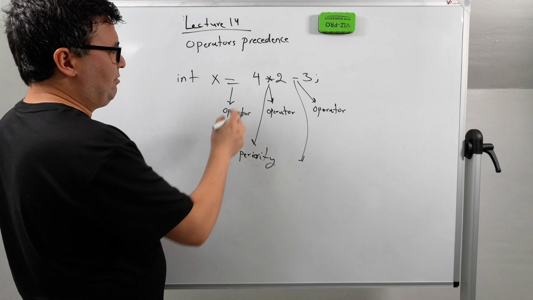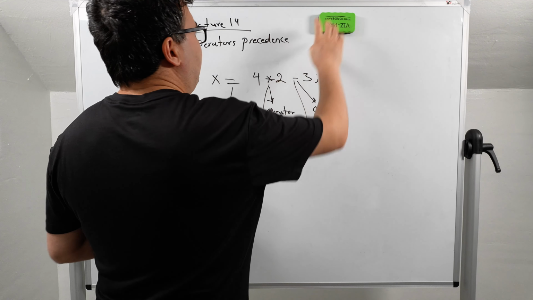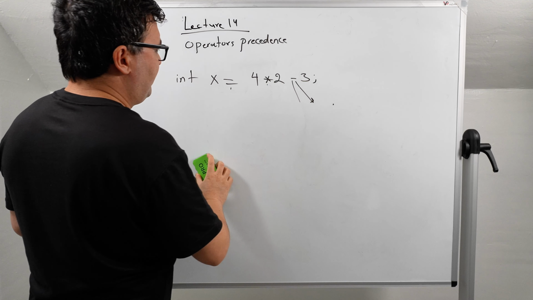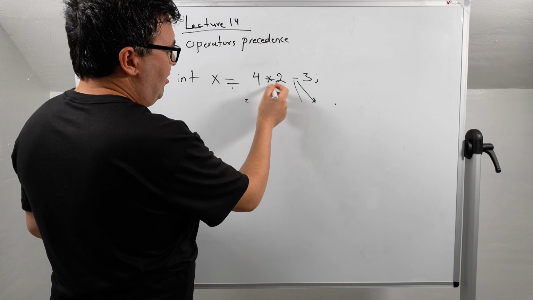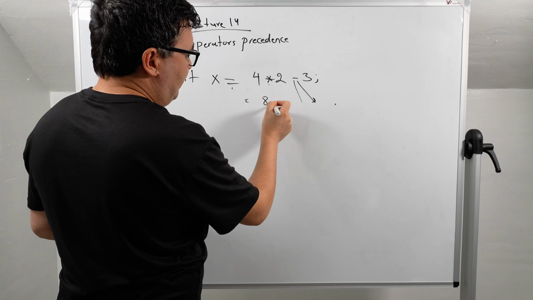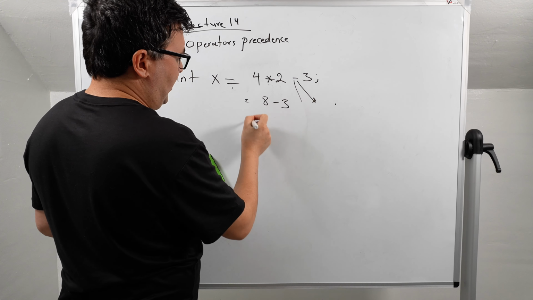So 4 multiplied by 2 becomes 8, then 8 minus 3 becomes 5.